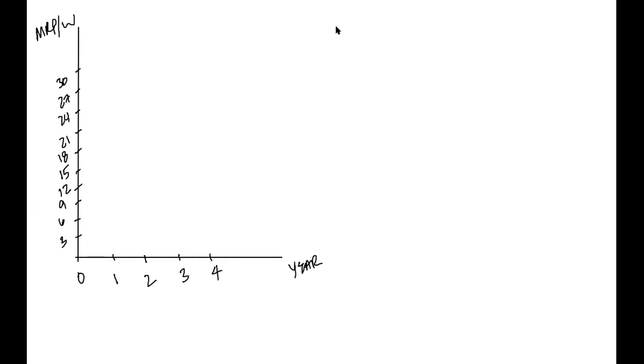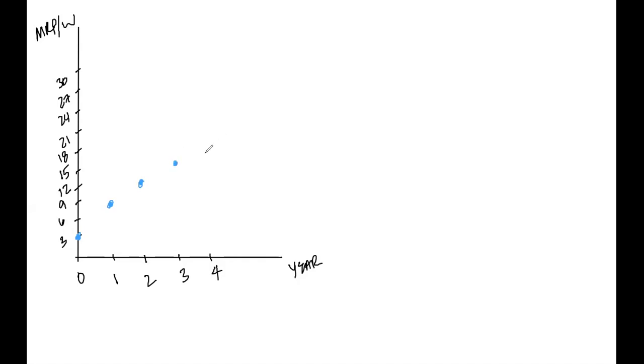So I'm going to make 2 different lines. The first one is going to be wage. If you look back at your table, if you have it in front of you, in year 0, the real wage was $3. In year 1, it was 8. Year 2, it was 12. Year 3, it was 15.